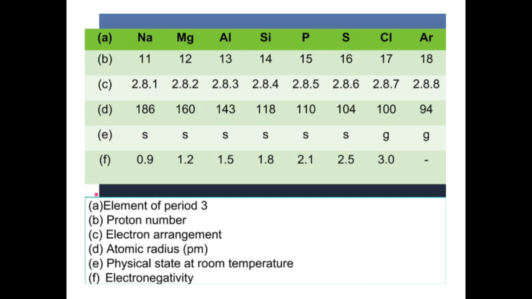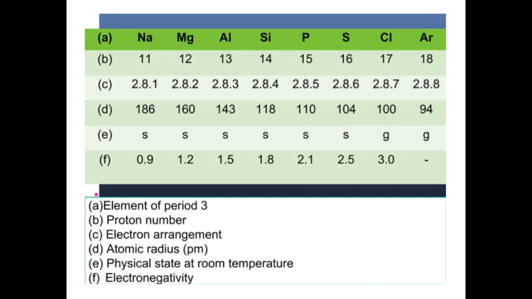So atomic radius decreases. That's the one in row D now: 186, 160, 143, 118, 110, 104, 194, 100, and the last one is 94. You observe that the atomic radius is decreasing, like we have said, due to the increase in nuclear charge, and because the electrons are pulled closer towards the nucleus.